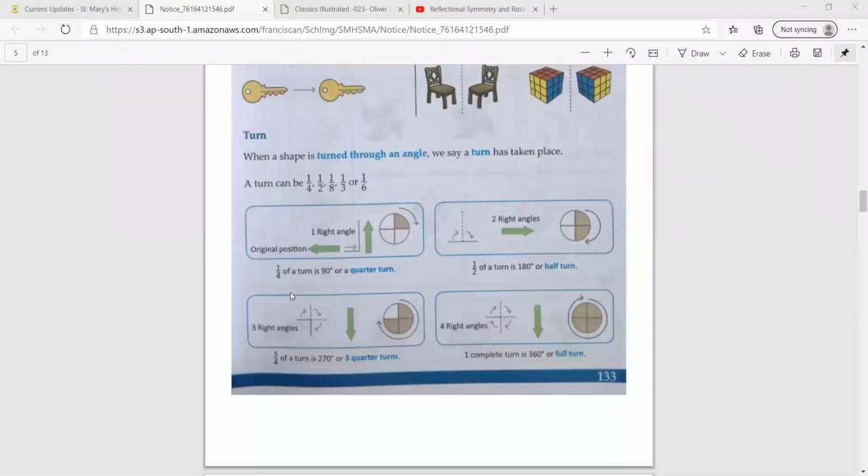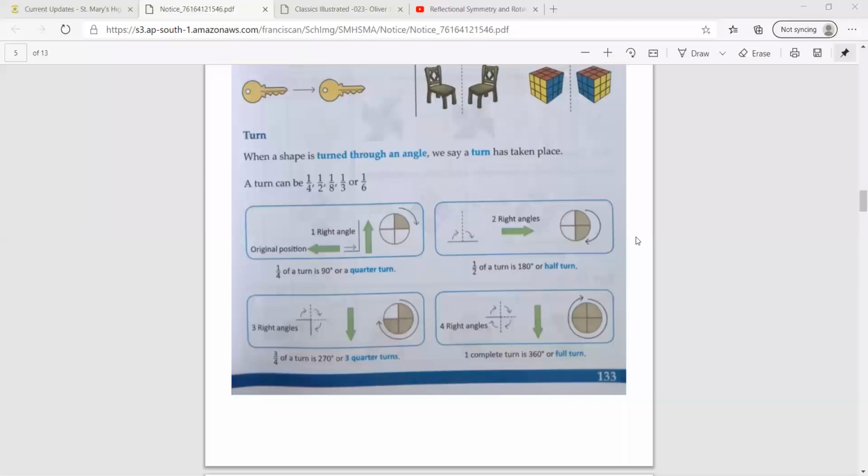You need to understand this properly because this is the other type of symmetry that we have to learn. We finished learning reflectional. Now, we are going to the next type of symmetry, which is called rotational symmetry. Now, you are not unaware of this word.